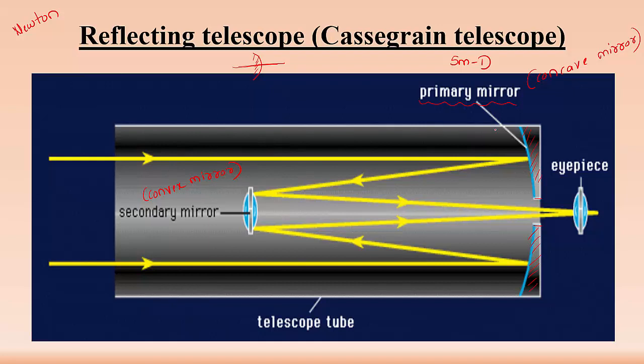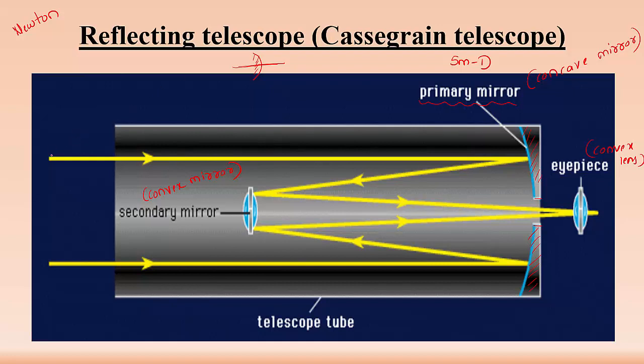The concave mirror has a larger diameter, nearly 5 meters, with a small hole at the center. The convex mirror has a very small aperture. At the small hole of the primary mirror, I am going to consider the eyepiece, a convex lens which has a small aperture.